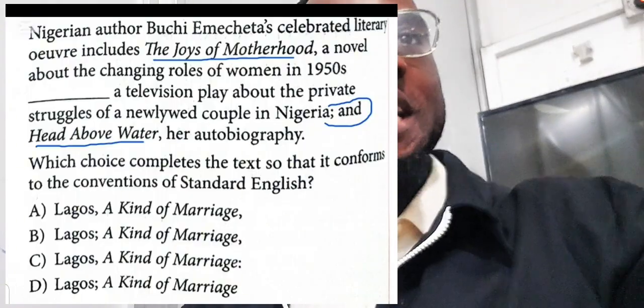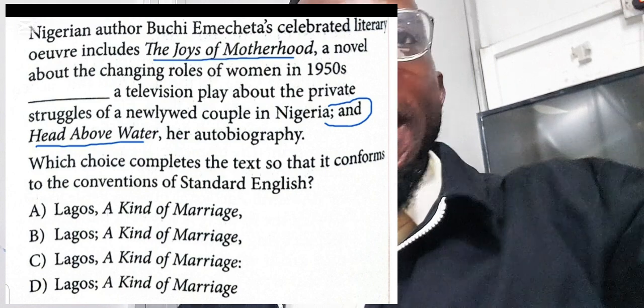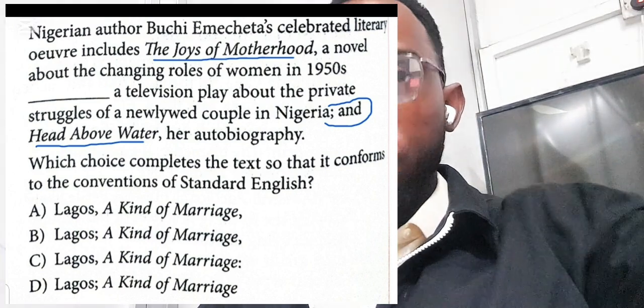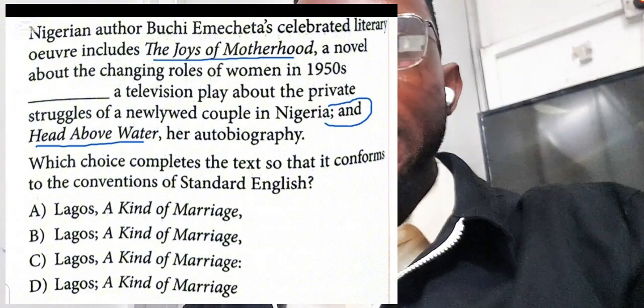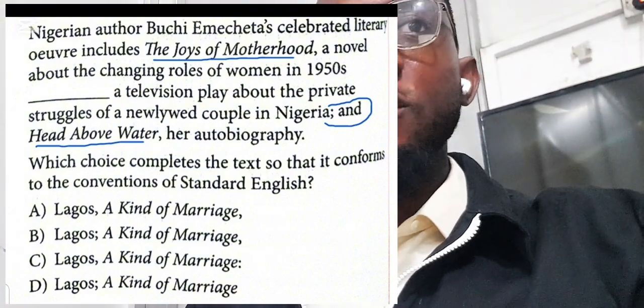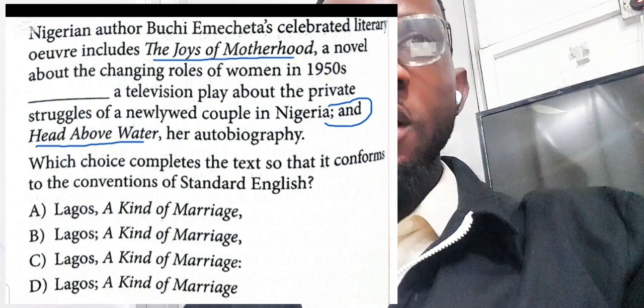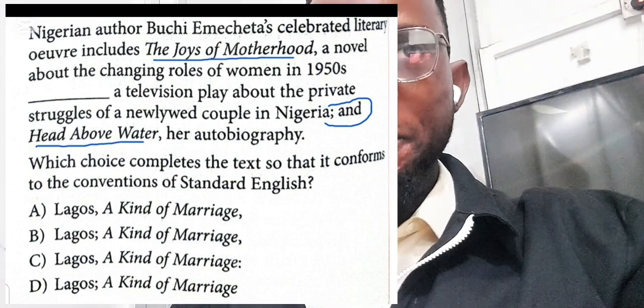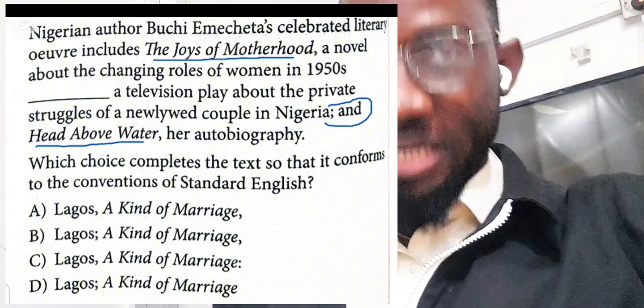After that, we then have the next item, A Kind of Marriage. So that is the next title. Notice it's also written in italics. A Kind of Marriage, a television play about the private struggles of a newlywed couple in Nigeria. So obviously, we should have a semicolon before the next item. So option B is looking solid.